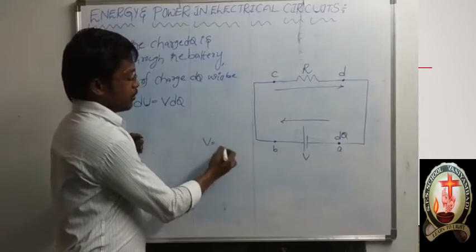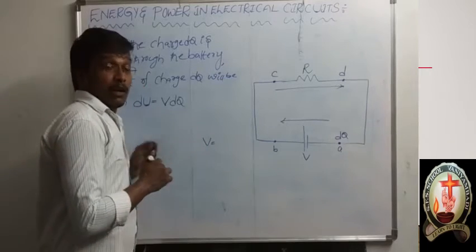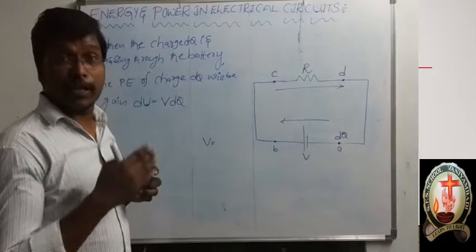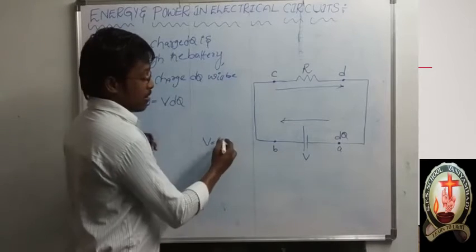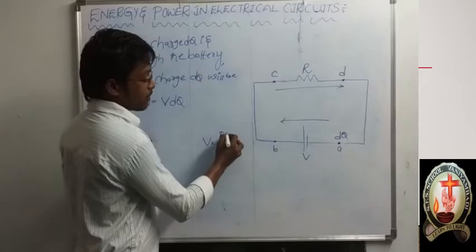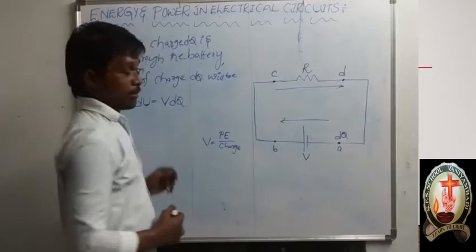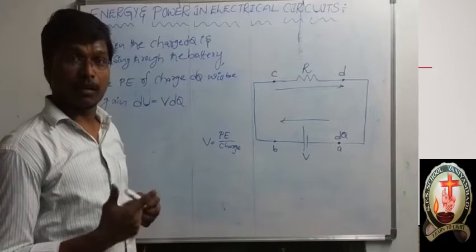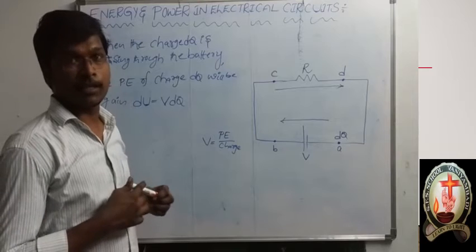Sorry, electrostatic potential. What is the formula? V is equal to potential energy by charge. Correct? We learned this in the electrostatics chapter.